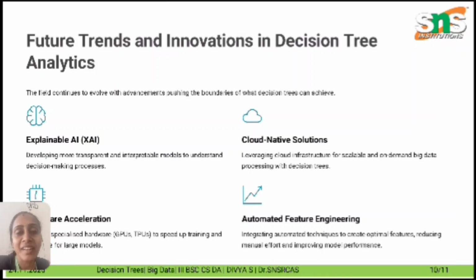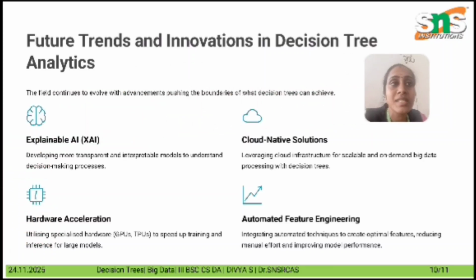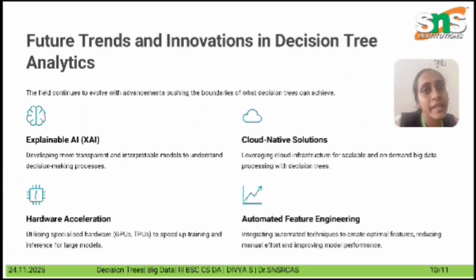Future trends and innovation in decision tree analytics: the field continues evolving, pushing the boundaries of what decision trees can achieve. These include explainable AI, hardware acceleration, and cloud-native solutions.